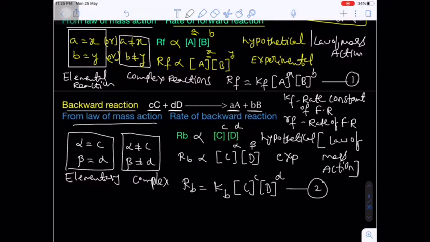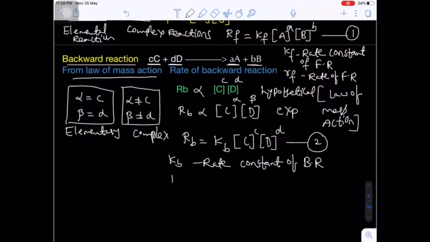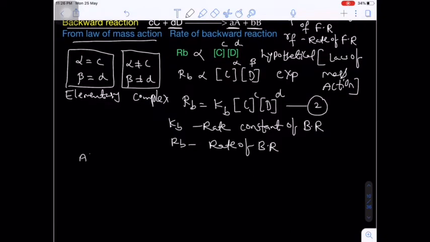Now here, what is the Kb? Rate constant of backward reaction. What is the Rb? Rate of backward reaction. Do you know equilibrium condition?